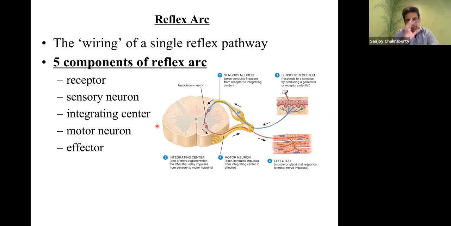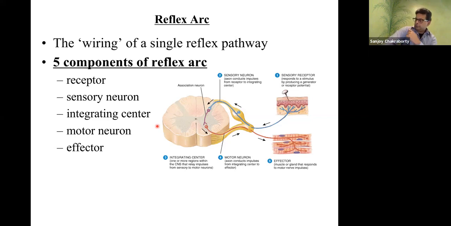And then in the central nervous system, there is some control center. Those are mostly interneurons. They are association neurons. They are deciding what to do based on the information they have received. Once they have received that information, this is extremely hot, then they are going to send a signal through the motor neuron to the outside.